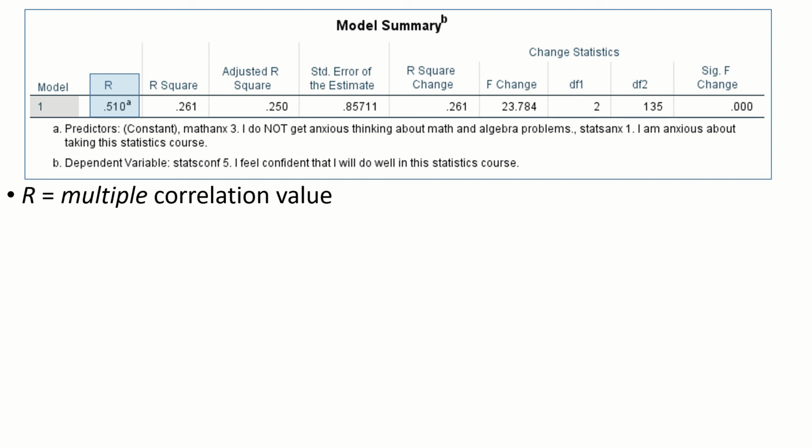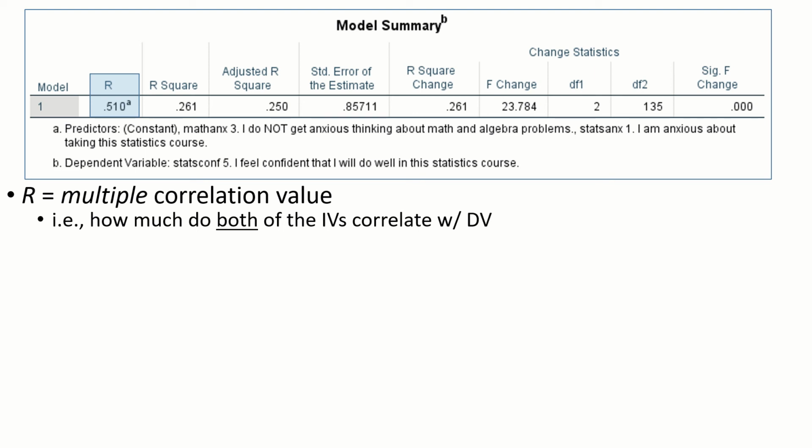Now we have an uppercase capital R, which is the multiple correlation value, meaning how much do both of the independent variables correlate with the DV. Once we get a capital R, we're no longer looking at a bivariate relationship. We're looking at what we call a multivariate relationship, that is more than two variables at a time. So this is how much both of the independent variables correlate with the DV.